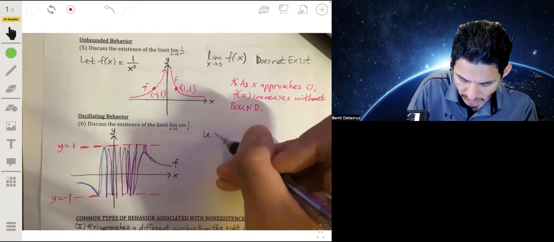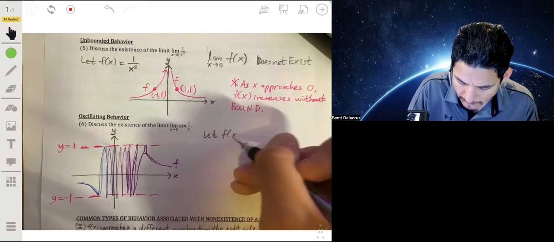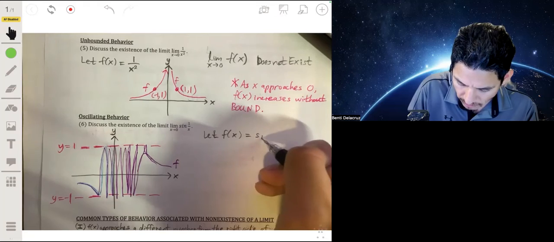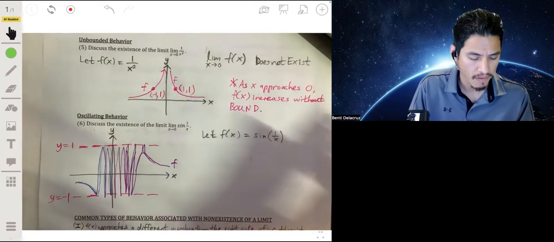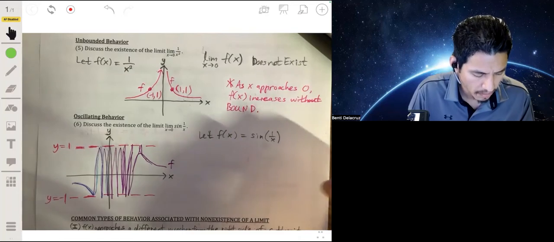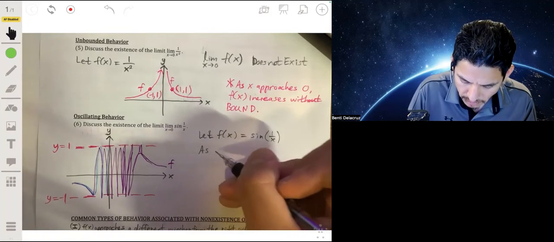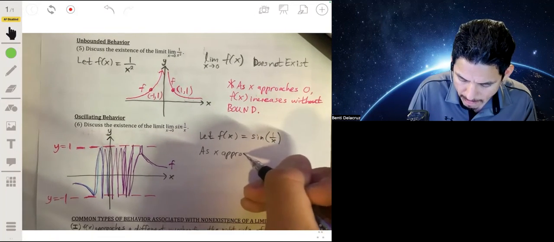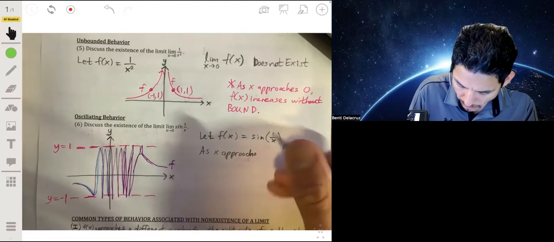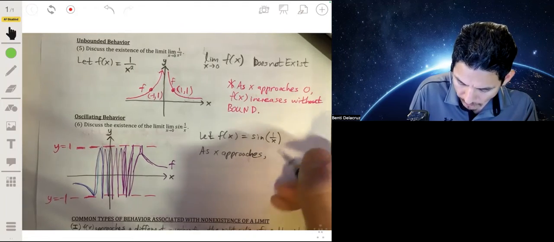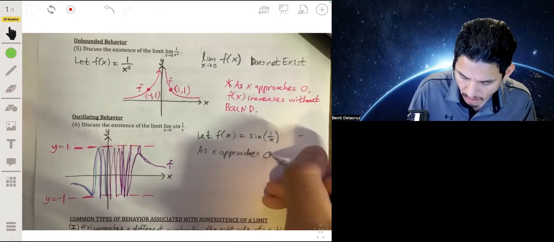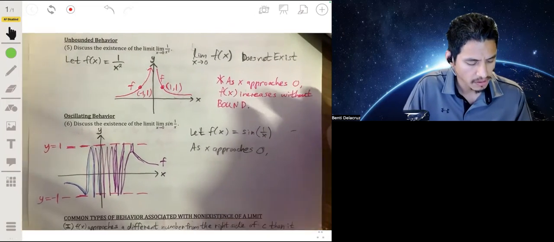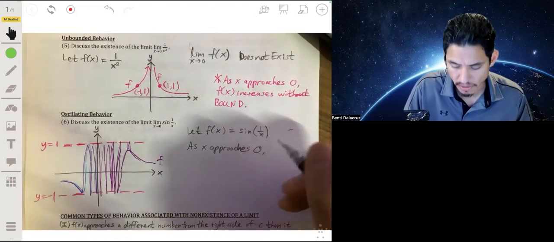Again, we'll define f of x as sine of 1 over x. So as x approaches 0, f of x oscillates between -1 and 1.